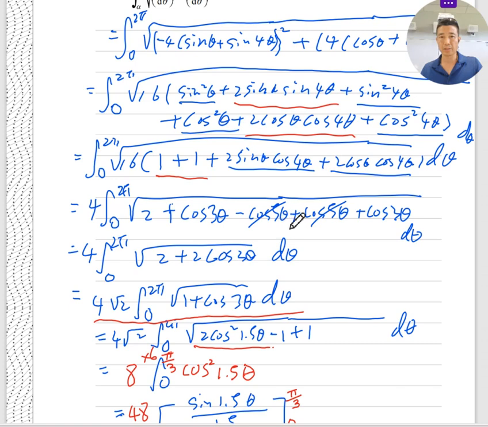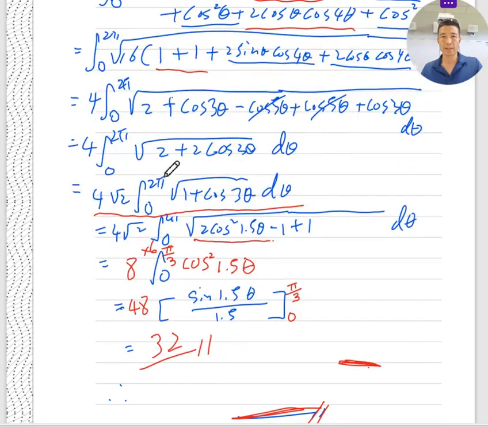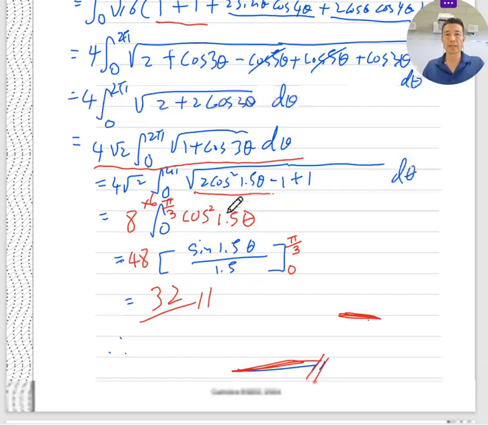So minus cosine 5 theta and cosine 5 theta cancel each other. So it becomes 2 plus 2 cosine 3 theta. And I factorize by square root of 2, and that leaves square root of 1 plus cosine 3 theta.